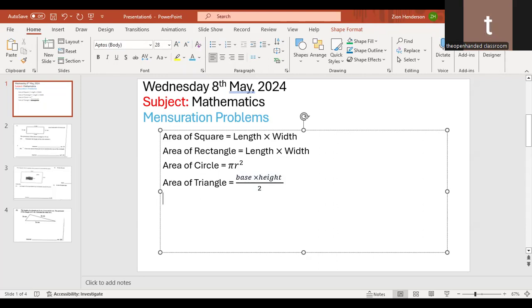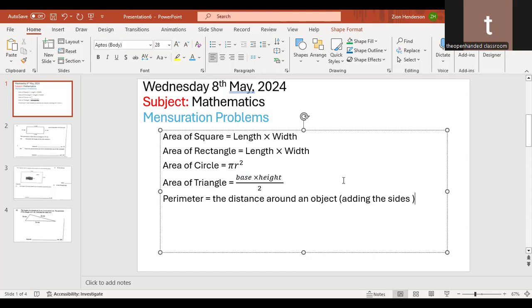And we talk about the perimeter. What is the perimeter? The distance around an object, and you can find that by adding the sides.